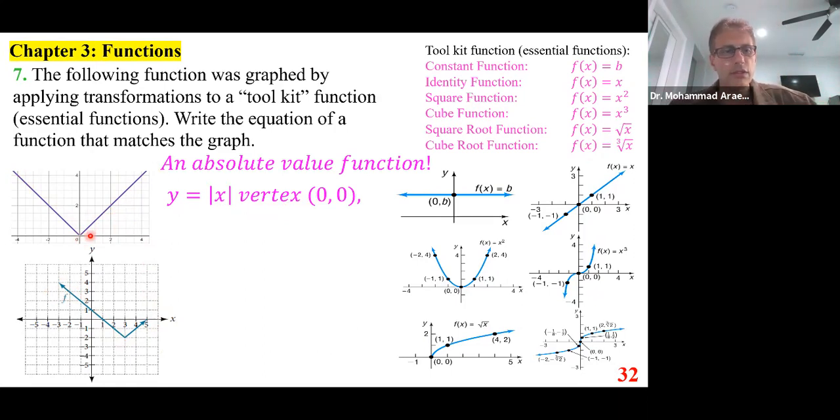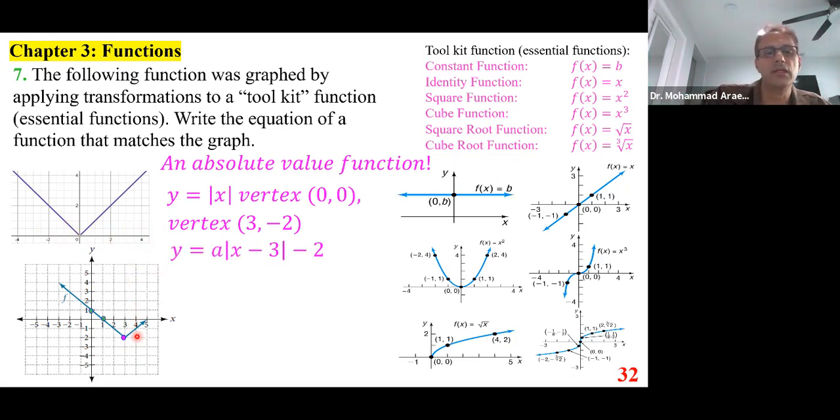Now, let's look at the new vertex. The new vertex has a location which is 3, negative 2. That means this has been shifted 3 units to the right and 2 units down.